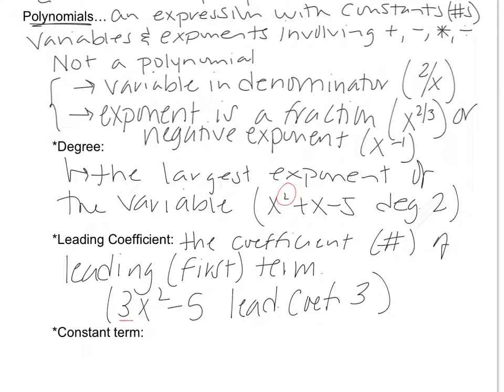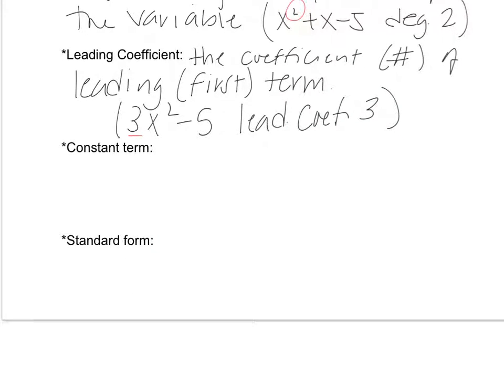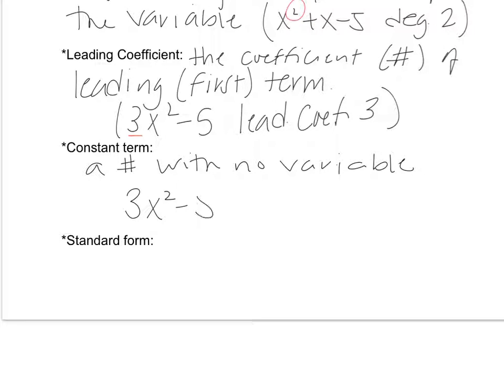This 3 right here. Okay? Now, you should know that a constant term is just a number with no variable. So in the previous example, that 3x squared minus 5, this minus 5 is the constant term.